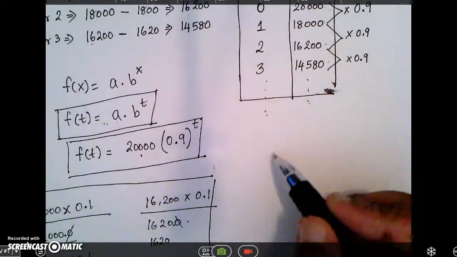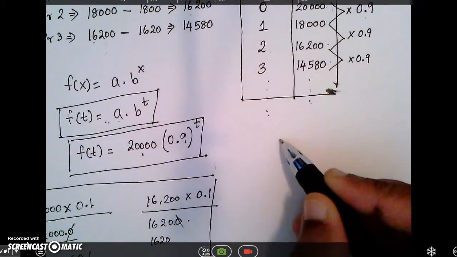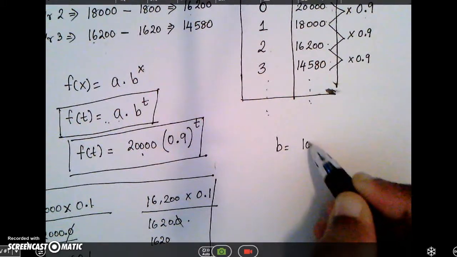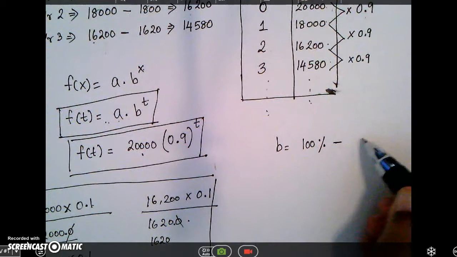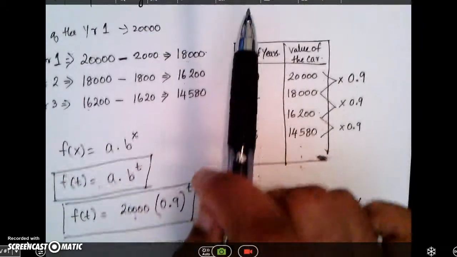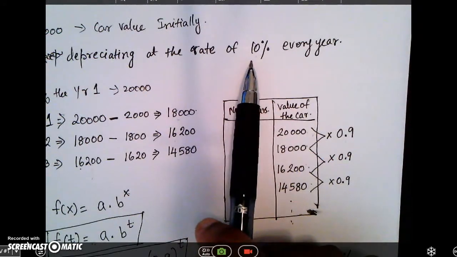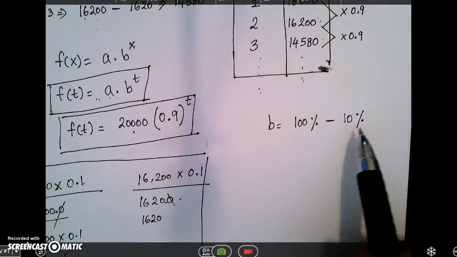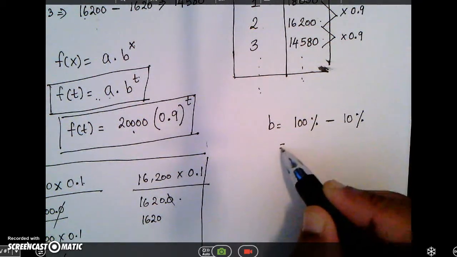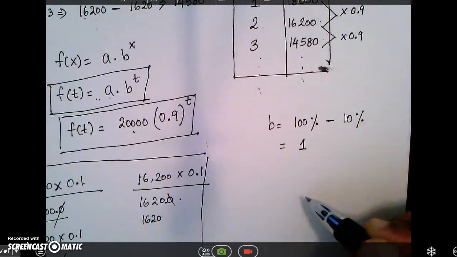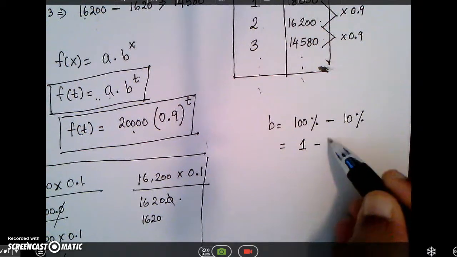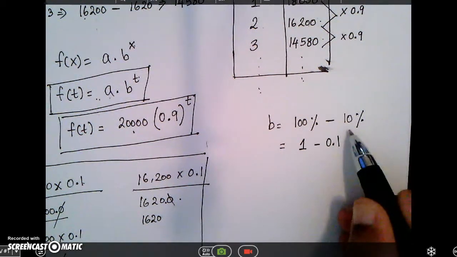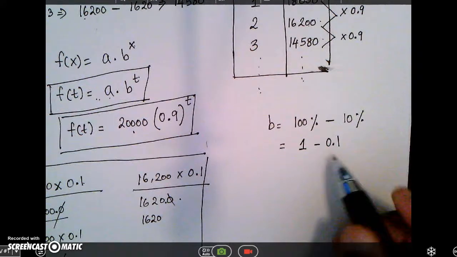All right. So what is happening here? I had 100% of the car, which was $20,000, and I took away 10% of it because that's my rate of decrease. The rate of depreciation is 10% every year. So from that 100%, I'm taking away 10% every year, right? So 100% is a whole, which is 1. 10% is 0.1 as a number.